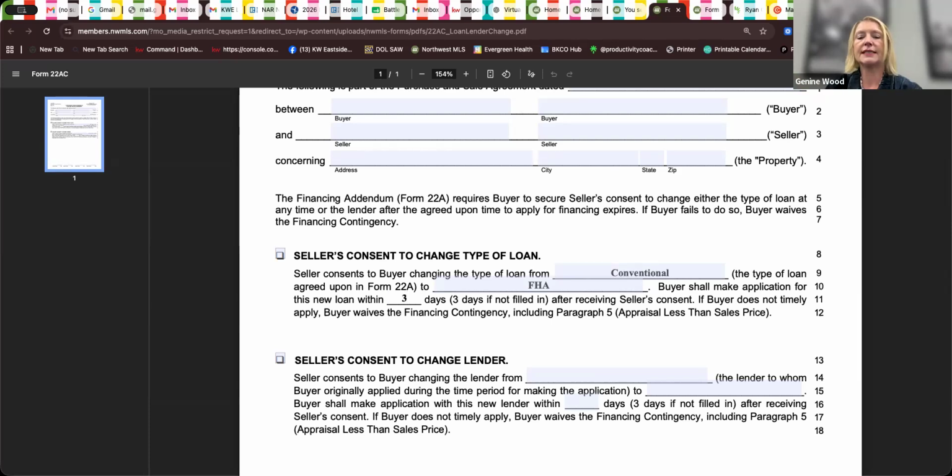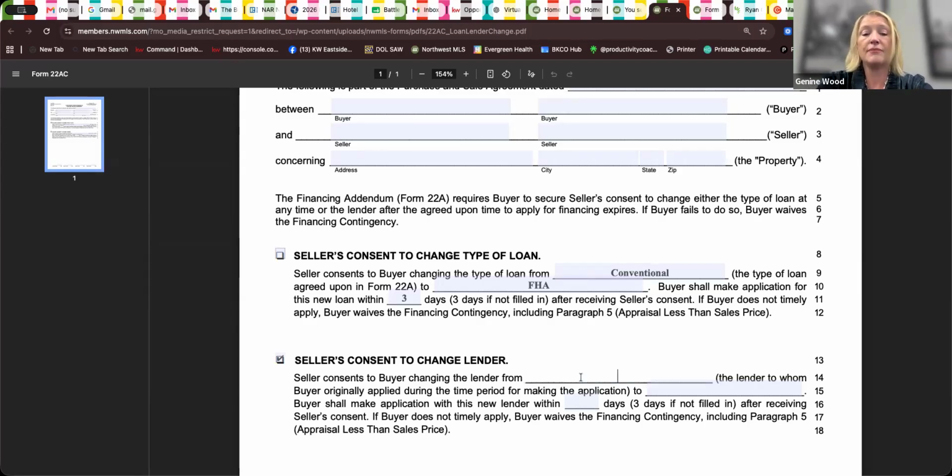After receiving seller's consent, if the buyer does not timely apply, buyer waives their financing contingency, including low appraisal. So if they forget to make application for an FHA loan, they waive their financing contingency and they waive their appraisal contingency. So be very careful.